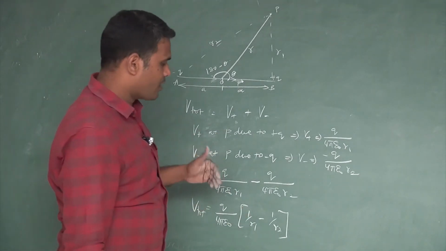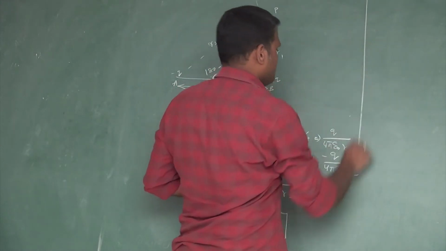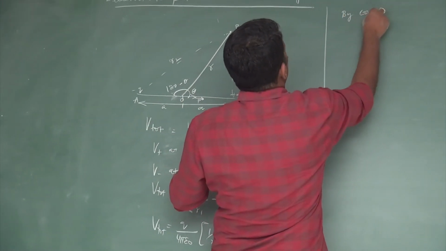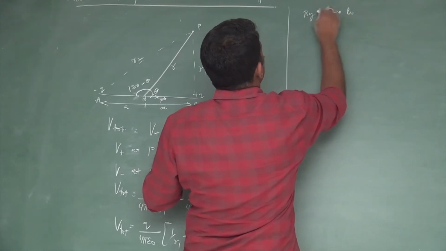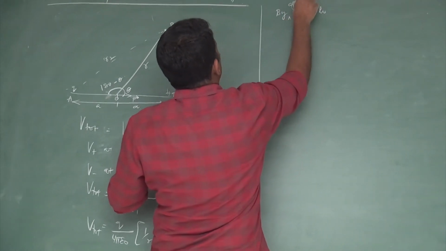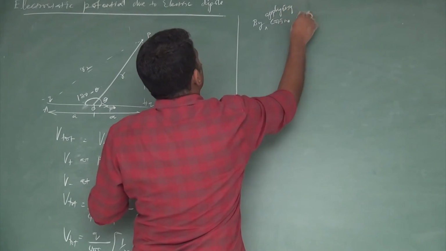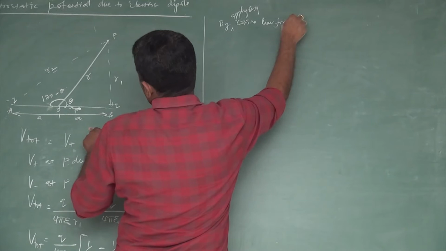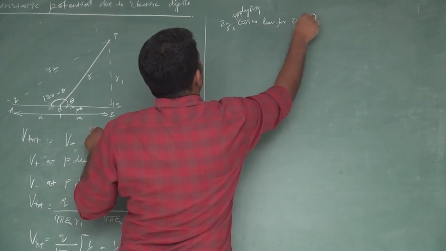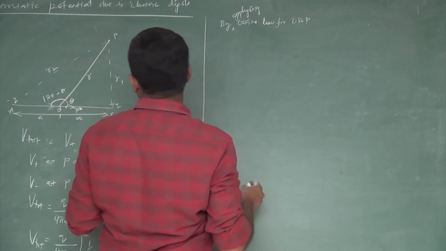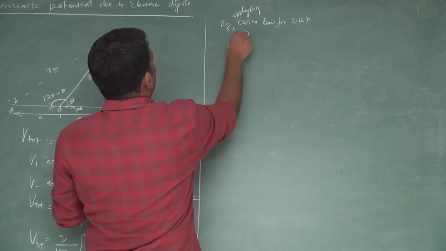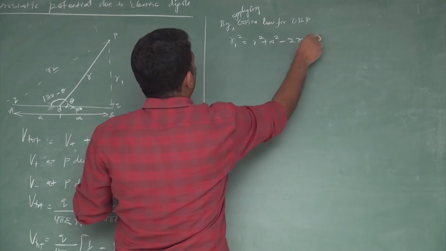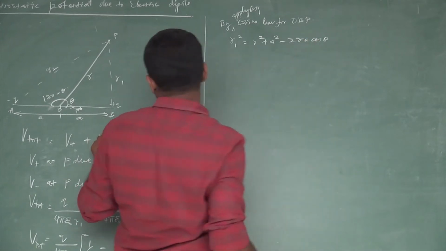For that, we are going for the cosine law in mathematics. By applying cosine law for triangle OBP, we can write r1 square equals r square plus a square minus 2ra cos theta.